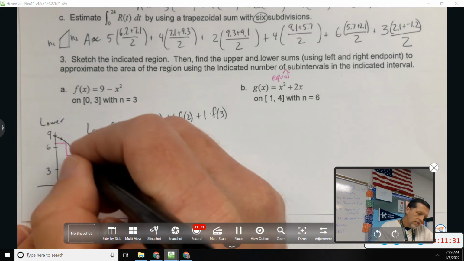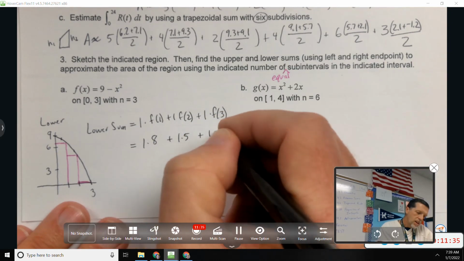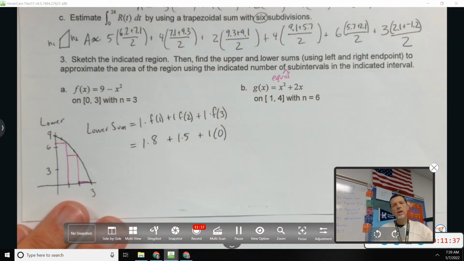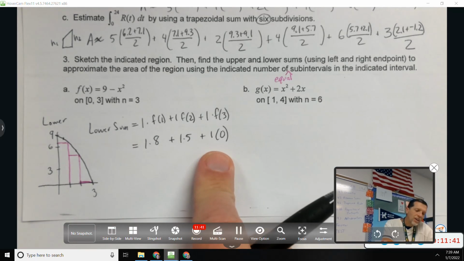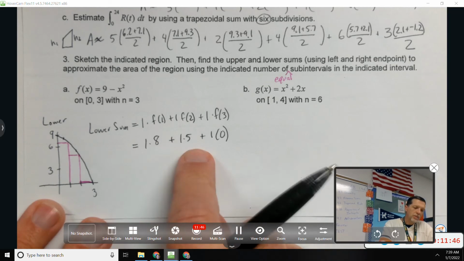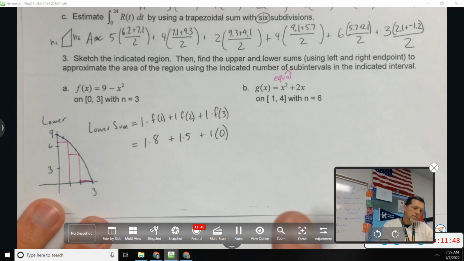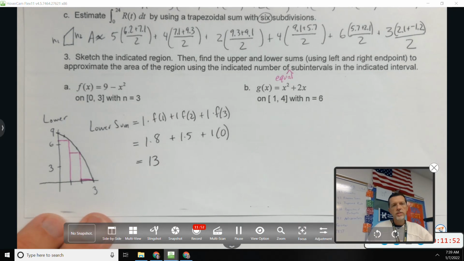F of 2, 9 minus 4 is 5. And f of 3 is 0. So you could leave off that last term and still be accurate. I'd probably leave it on there because now I think it's clear I'm adding 3 rectangles. So the lower sum is 13.